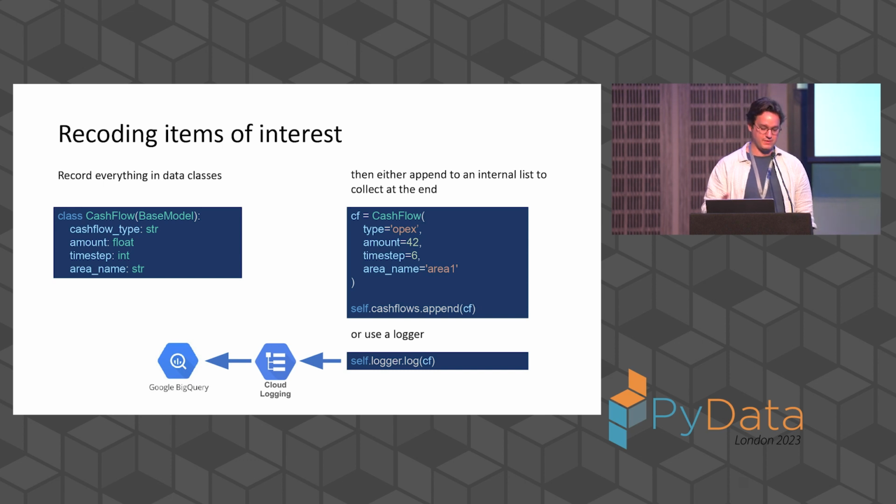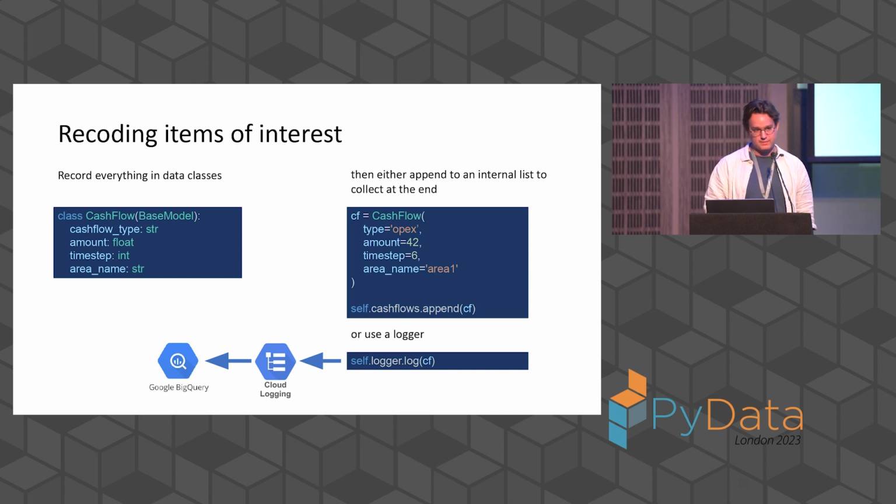Here's a cash flow. It's parameterized by a type of cash flow, an amount, the time step it was incurred, and an area name. Then you can append these data objects to an internal list, so the things you are interested in just get stored within the objects themselves, and at the end of the simulation you cascade through and pull out anything that you're interested in.